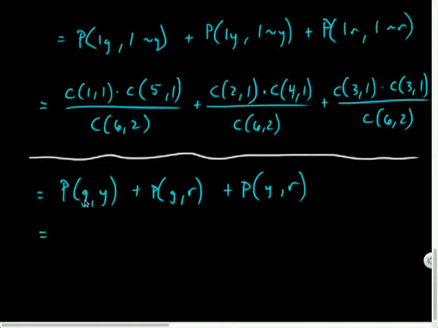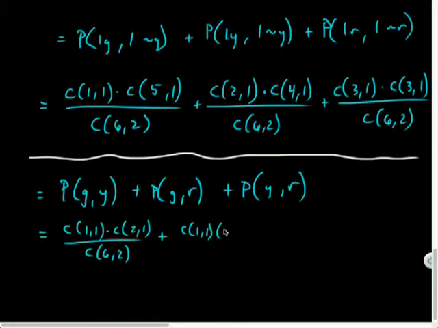So the probability of green, yellow, that would have been combo 1, 1, times combo. How many yellows are there? Was that the 4-1 or 3-1? 2-1? It was 2, right? Something like that. Combo 6-2. Probability of green, there was 1 green, and number of red was 3.